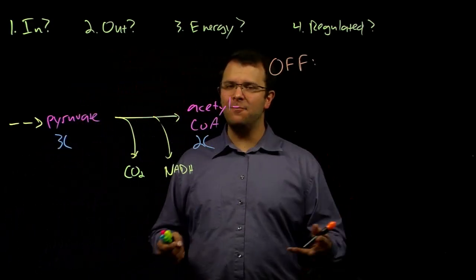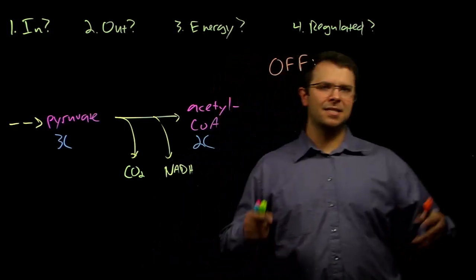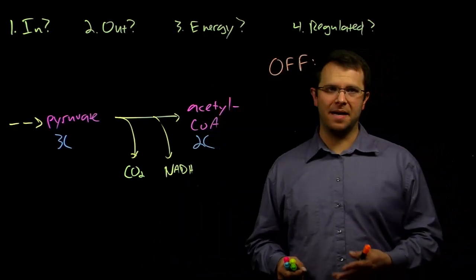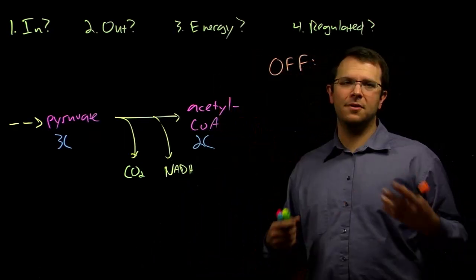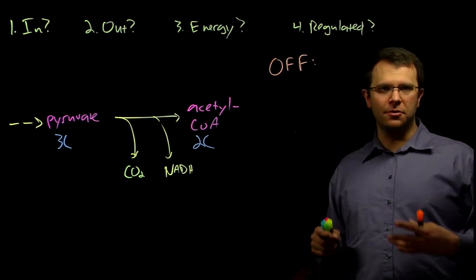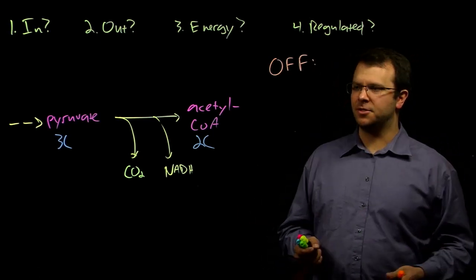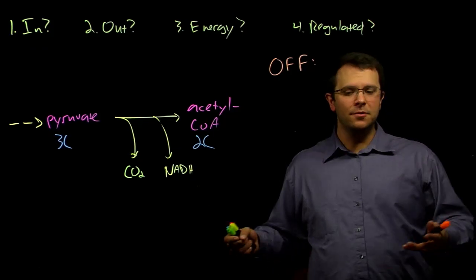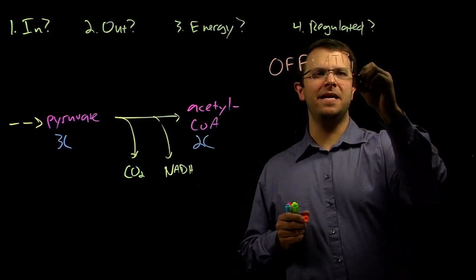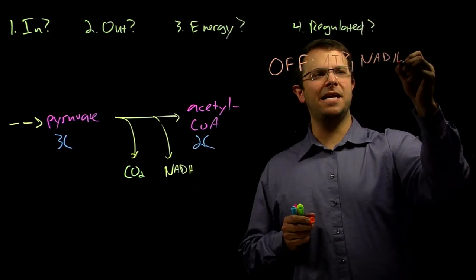In the same way that glycolysis is slowed down or turned off when there are lots of energy-bearing molecules around, the pyruvate dehydrogenase complex is also slowed down, turned off by energy-bearing molecules. And those energy-bearing molecules are things like ATP and NADH, right?